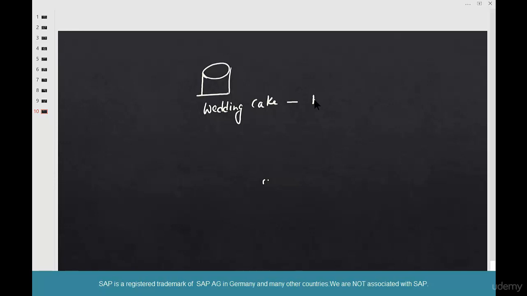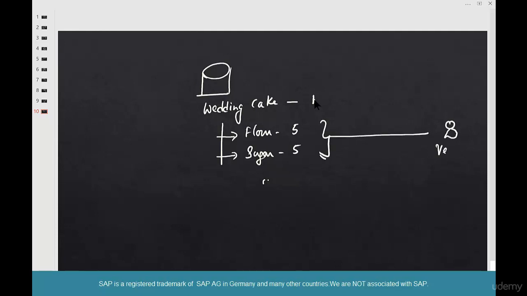And to produce this, the subcontractor needs flour, say 5 pounds, and sugar, say 5 pounds. These are the raw materials that we're going to supply to the subcontractor or vendor, and he's going to ship us back the wedding cake, right?